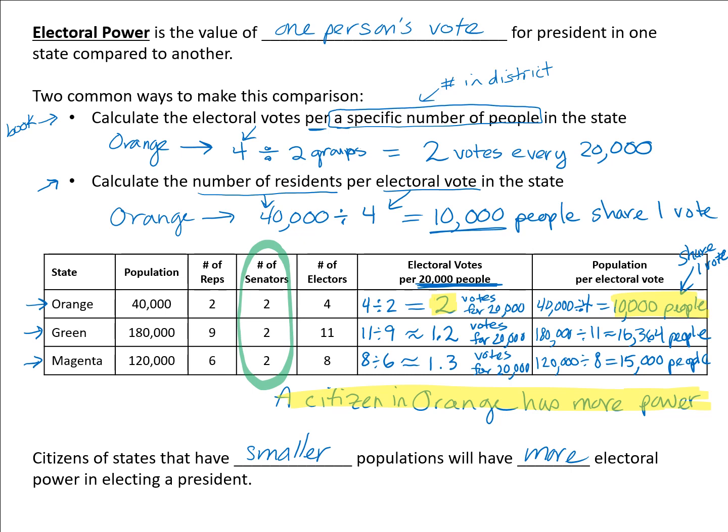Okay, you could say the same thing about Alaska and Oregon. Alaska has a smaller population than Oregon, and if you were to calculate the electoral power for Alaska and Oregon, a citizen in Alaska would actually have a little bit more electoral power in the electing of a president than a citizen of Oregon.